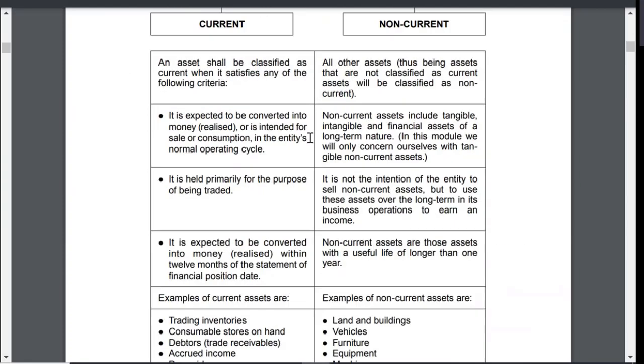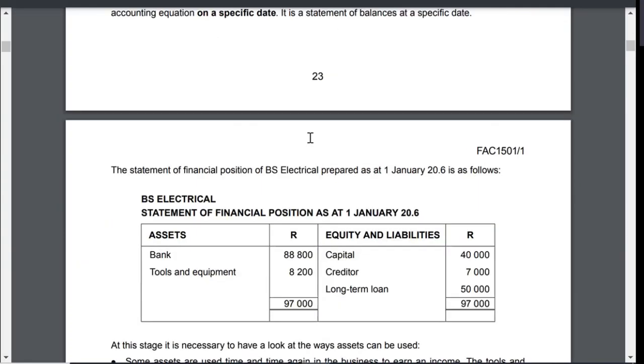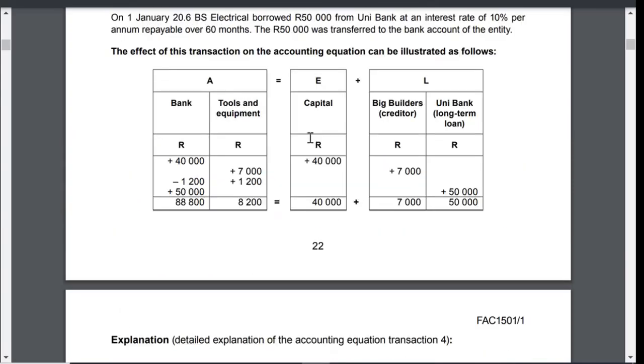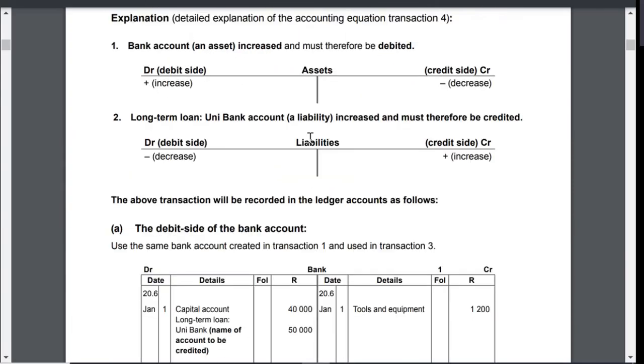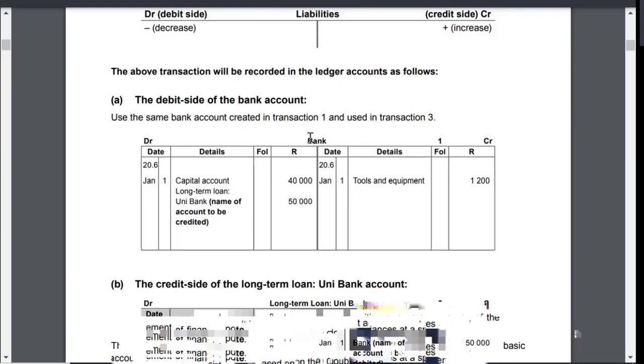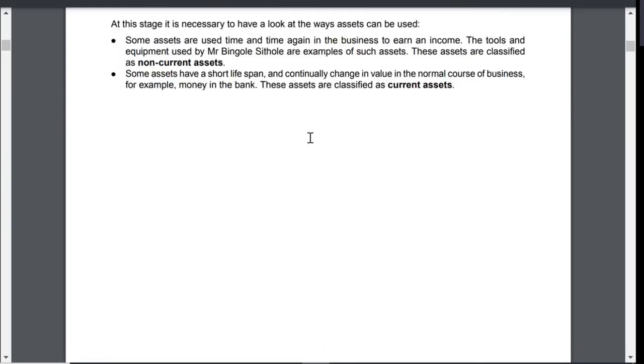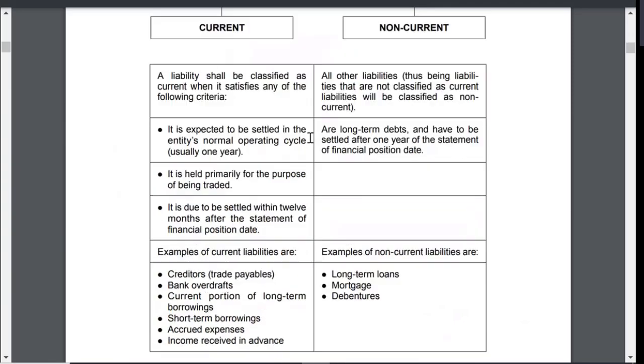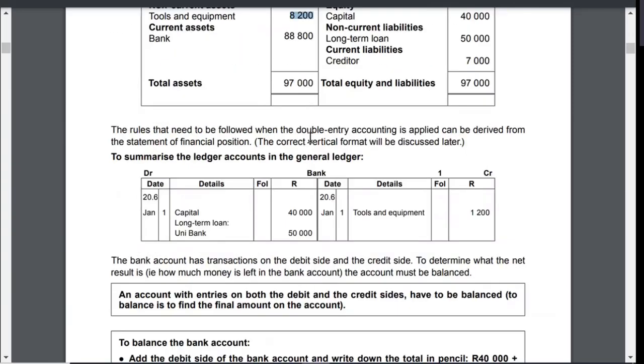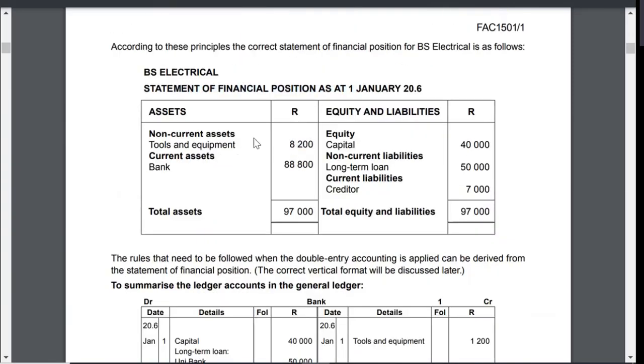So let me just see if there's a trial balance here. I think in this example, they did not do a trial balance. So when you look at a statement of financial position, these balances would have come from your trial balance.